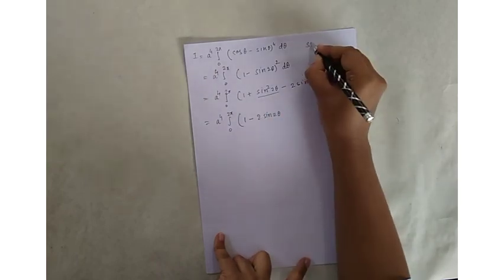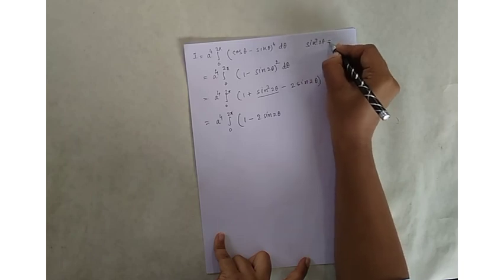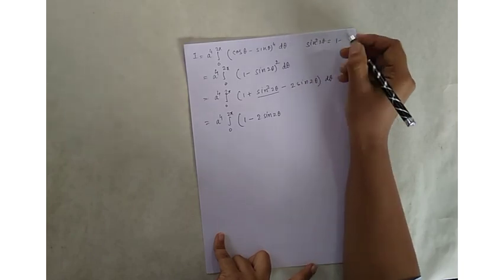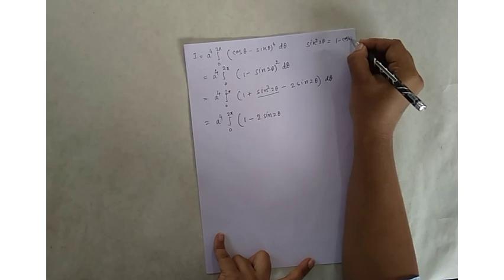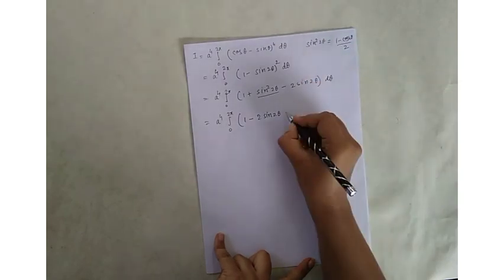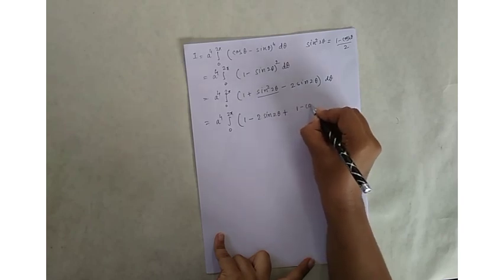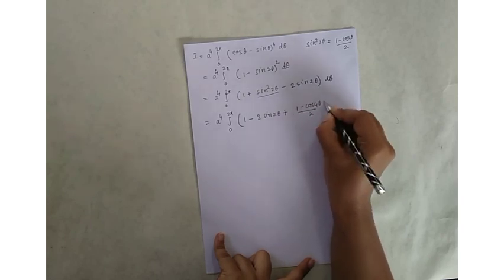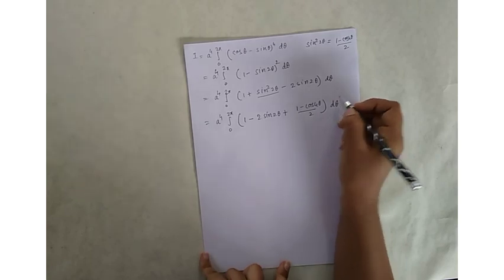We know that sin square 2 theta is equal to (1 minus cos 4 theta) divided by 2. So put the value of this, it becomes (1 minus cos 4 theta) by 2 d theta.